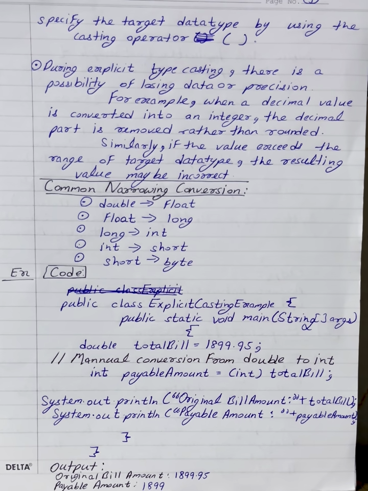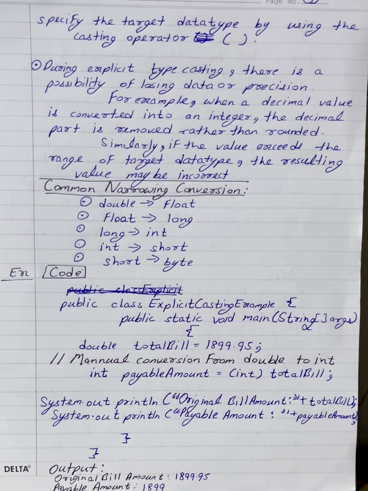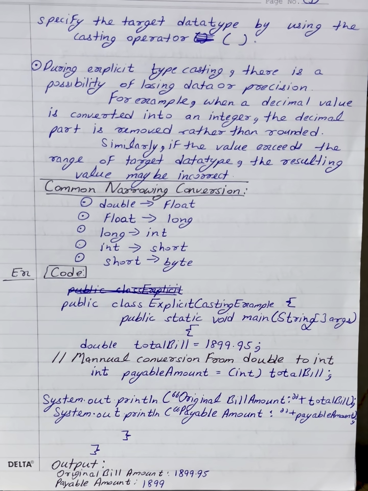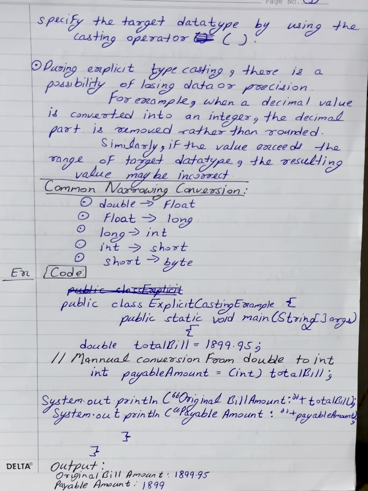Let's understand this explicit typecasting with a simple real world example. Just assume there is a shopping website which calculates the total payable amount after applying taxes and discounts. And since the calculations include decimal values, the final amount is stored as a double.